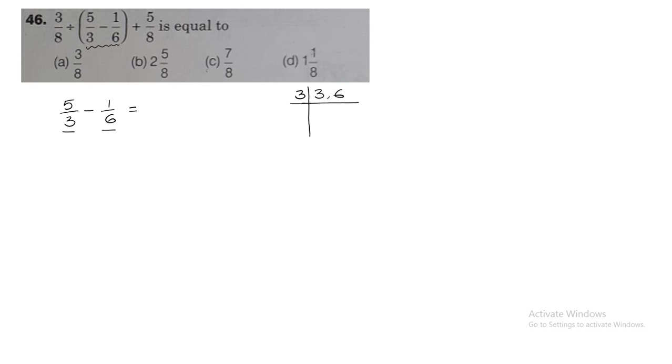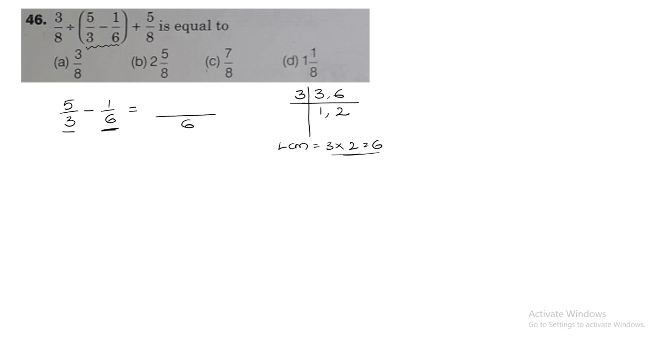These two go in 3 table. So 3 ones are 3, 3 twos are 6. Now we have prime numbers. So LCM is nothing but 3 into 2. So 3 twos are 6. Hence the LCM is 6.